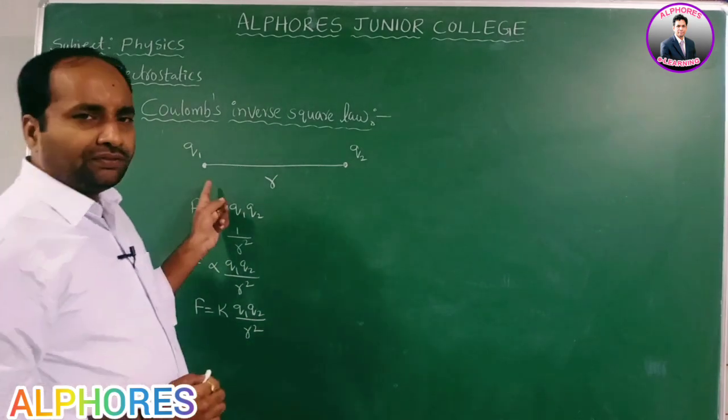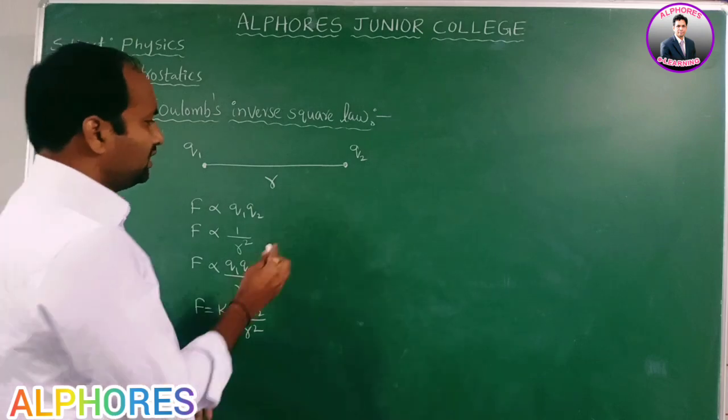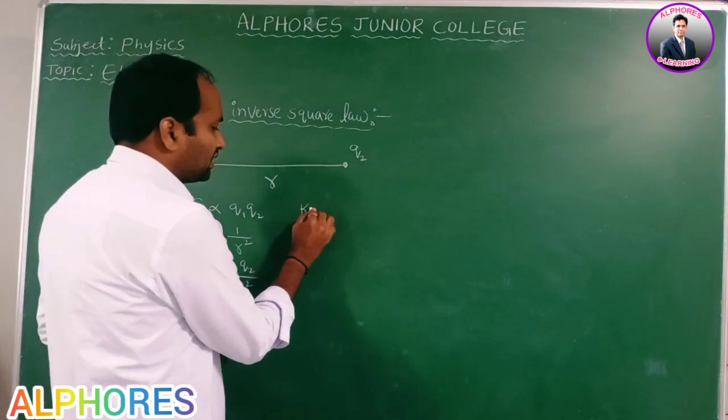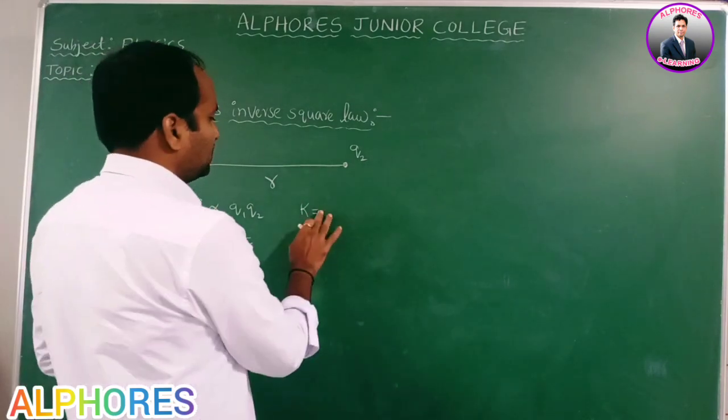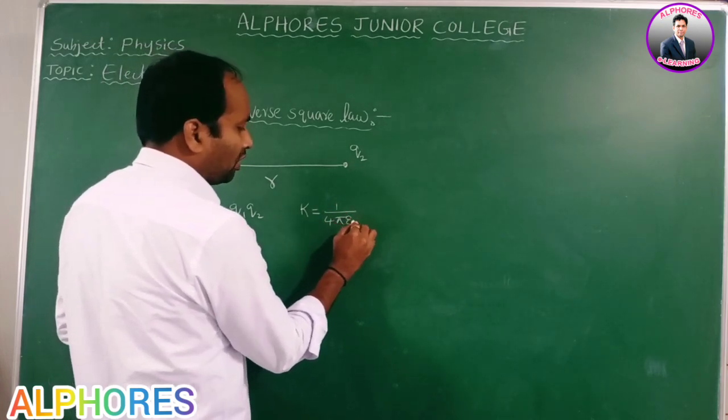If the two charges are in free space, the constant K is taken as 1 by 4 pi epsilon naught.